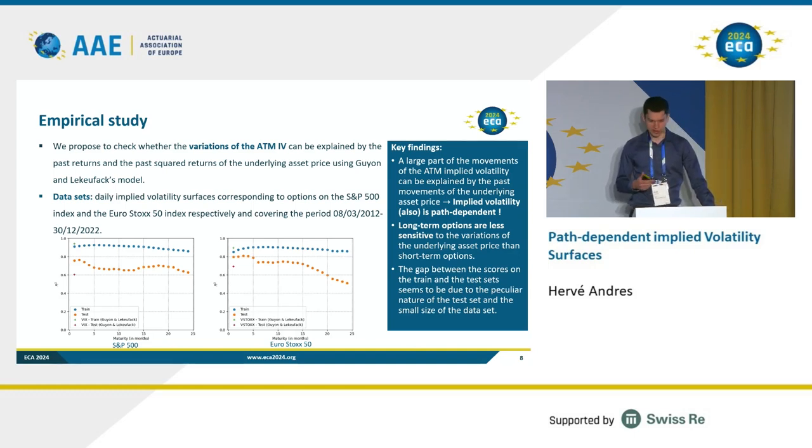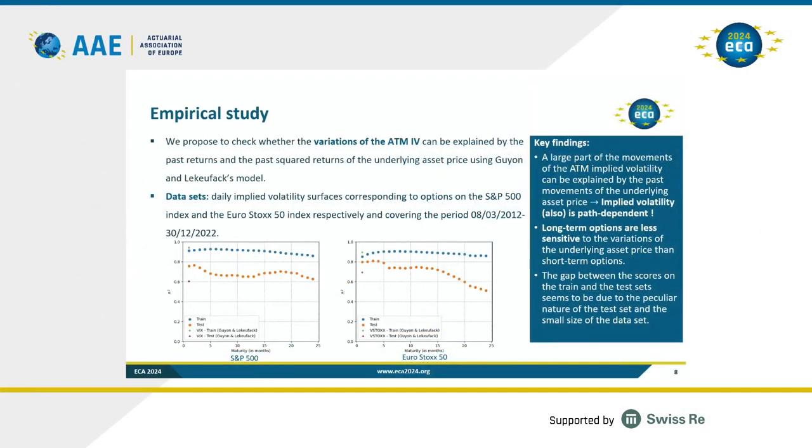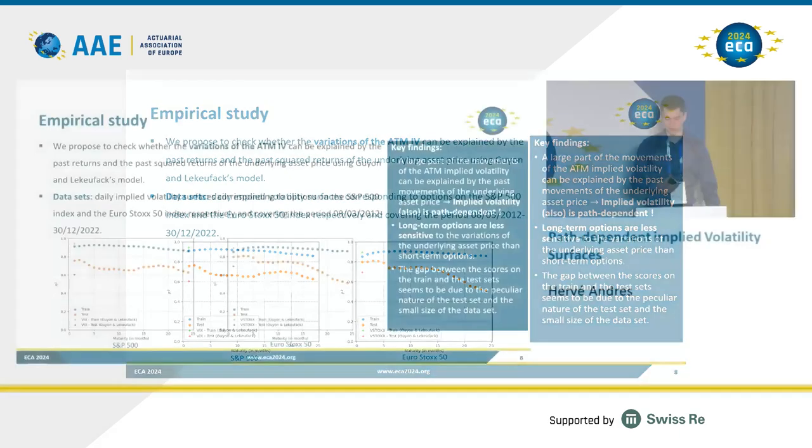We have investigated this a lot, what can be seen as a problem, and it mainly appears to be linked to the peculiar nature of the test set, which includes the COVID crisis. But still, on the test set, you have good R2 scores.